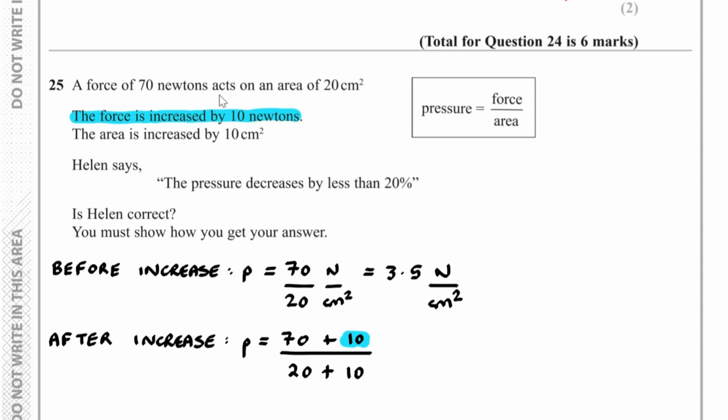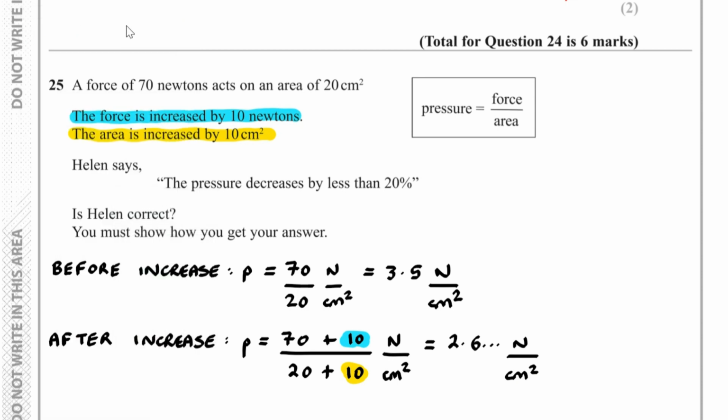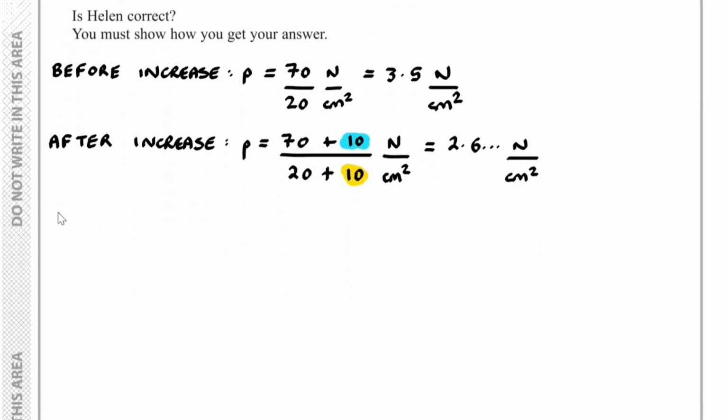And the reason I add on the 10 is the area is increased by 10 centimeters squared. And don't forget the units, newtons per centimeter squared. So it turns out we get 8 over 3, which is, if I work this out, 8 divided by 3, that is, as a decimal, 2.6, etc. newtons per centimeters squared.